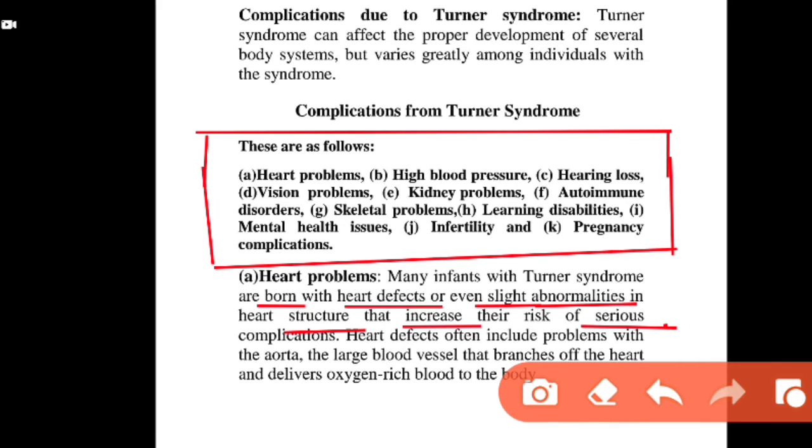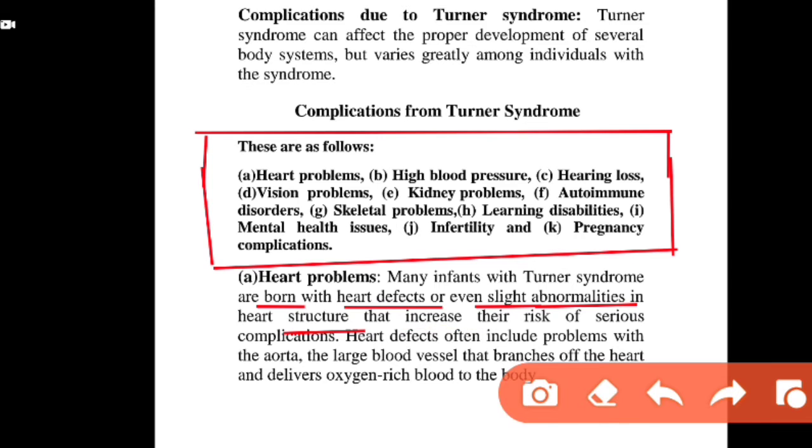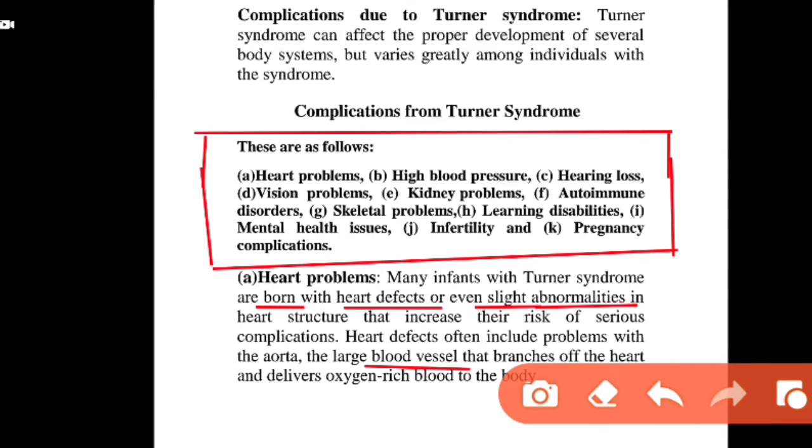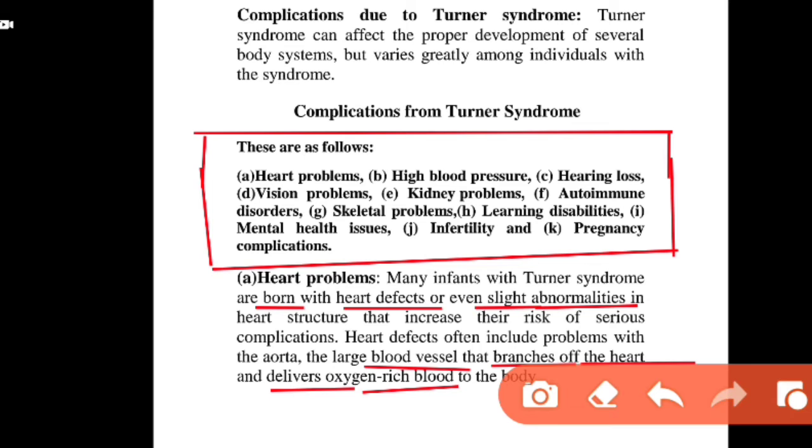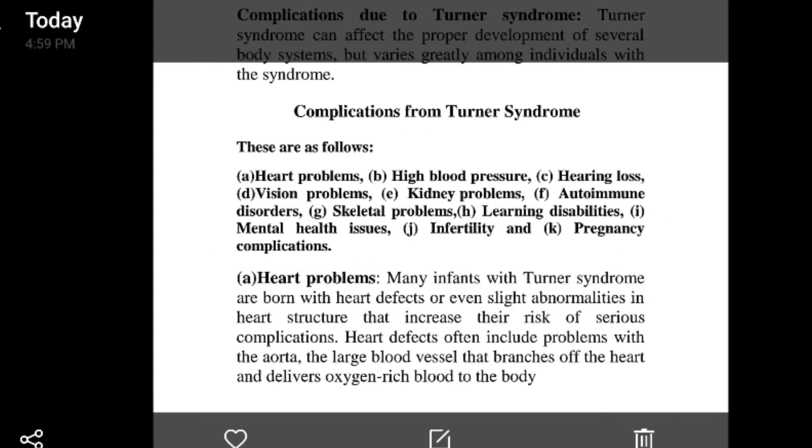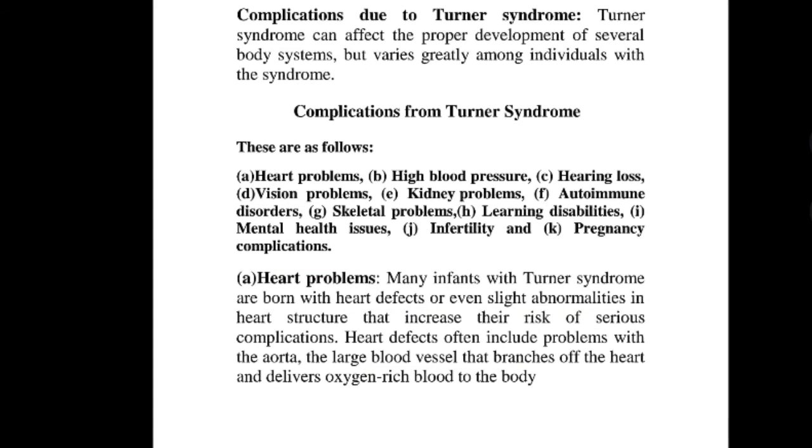However, this is a very rare case, but it is found and known as one of the complications of Turner syndrome. These heart defects often include problems with the aorta, the large blood vessel that branches off the heart and delivers oxygen-rich blood to the body. Next is high blood pressure.